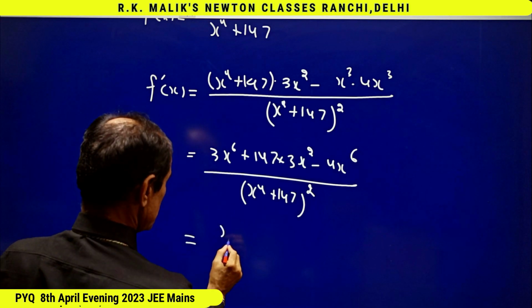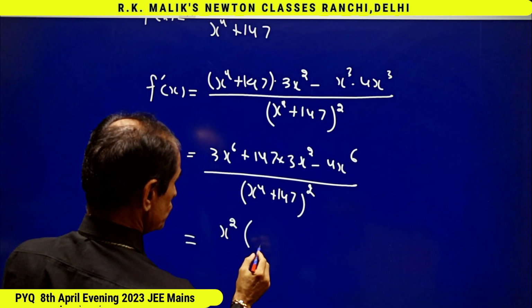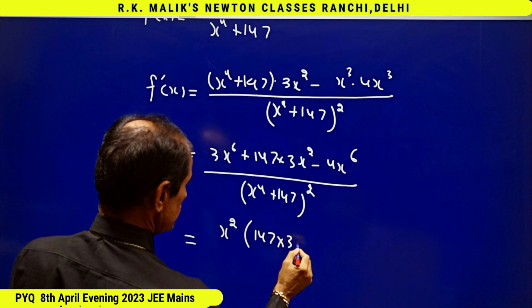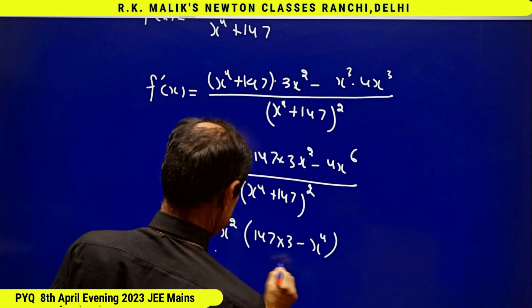This is equal to x square into (147 into 3 minus x power 4) upon (x power 4 plus 147) whole square.